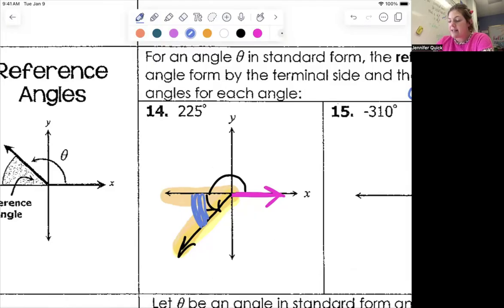Okay, so this is 180 degrees. This is 225. So the difference between the two would be 45. Okay, so 225 minus 180, this would be a 45-degree angle. It is acute because it's less than 90, and it is the angle difference between that 225 and the closest x-axis.